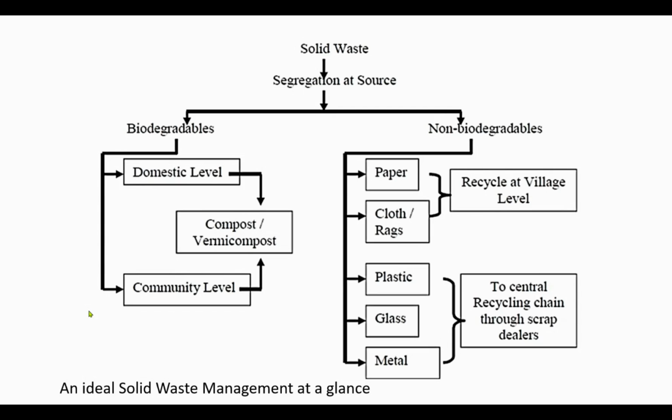When we talk about non-biodegradable, then we know that paper, cloth, plastic, glass, metal, whatever we discussed in the PPT, all the things come under non-biodegradable. So here we can see paper, cloth, this is recycled at village level; plastic, glass, metal will go to the central recycling chain through scrap dealers. Nowadays, this is the trend. And this is the ideal solid waste management.